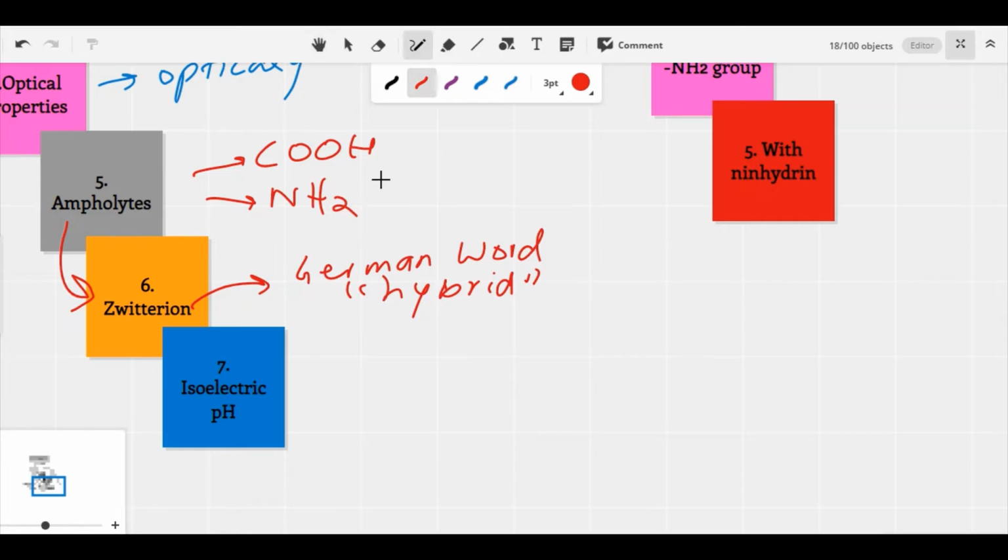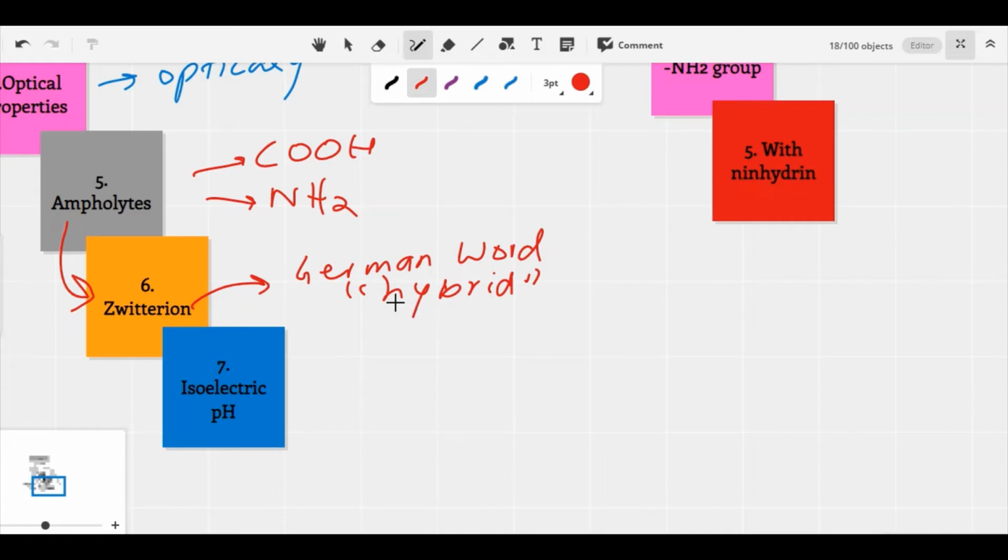Amino acids rarely exist in the neutral form. In strongly acidic pH the amino acid is a positively charged cation, while in strongly alkaline or high pH it is a negatively charged anion.